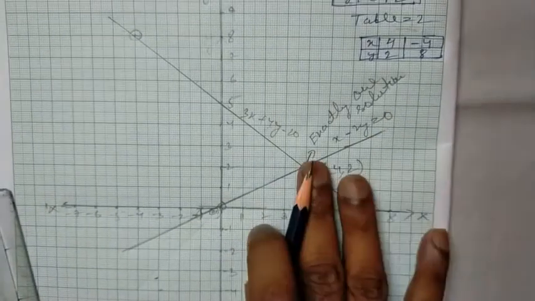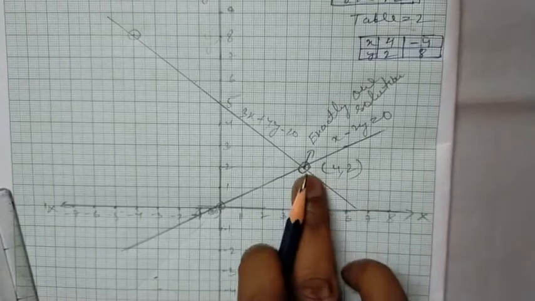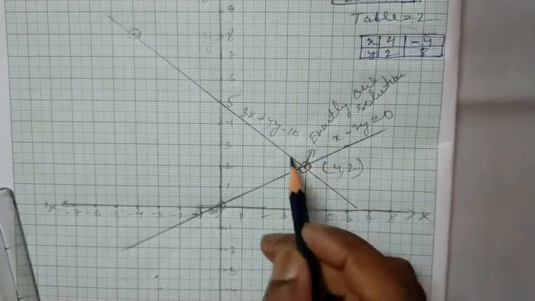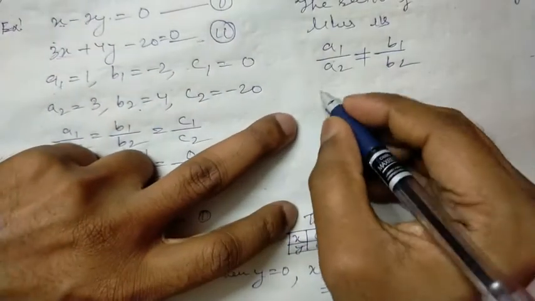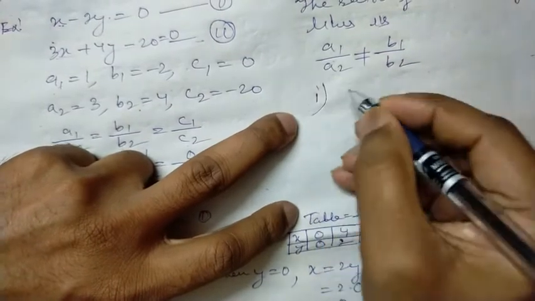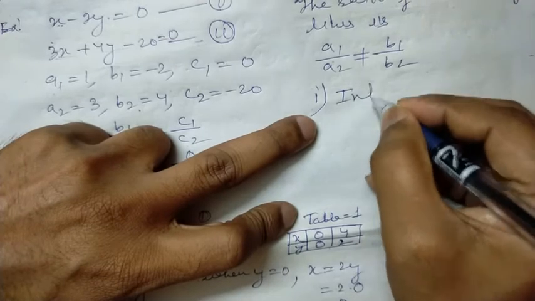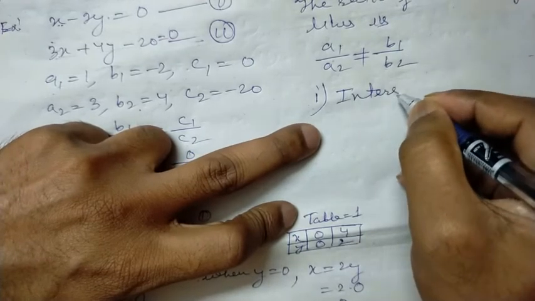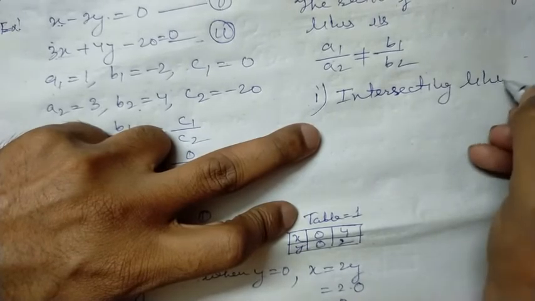So from this, the equations intersect each other, so we can write over here: number 1, we get intersecting lines.